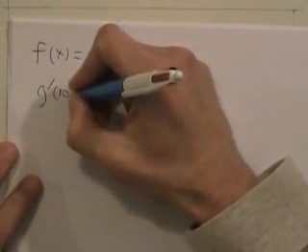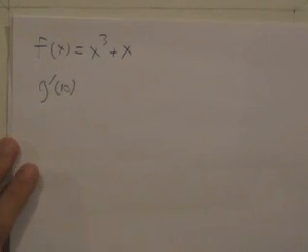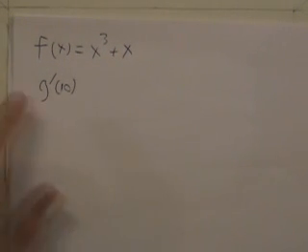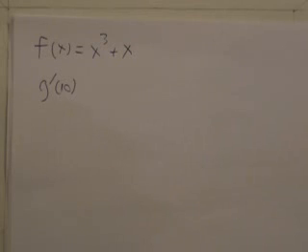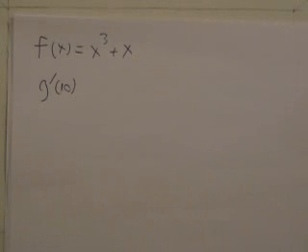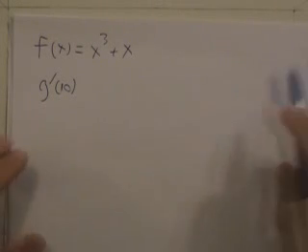So find the derivative of the inverse of f at x equals 10. Assuming that the problem comes to you this way, which they usually do, you're always going to want to have at least one piece of information handy before you even get started. And that's going to be the y.